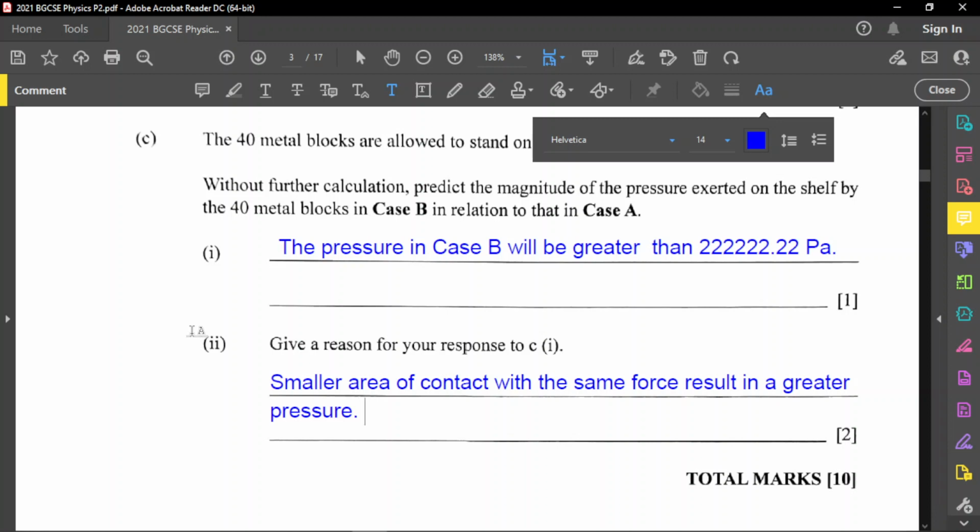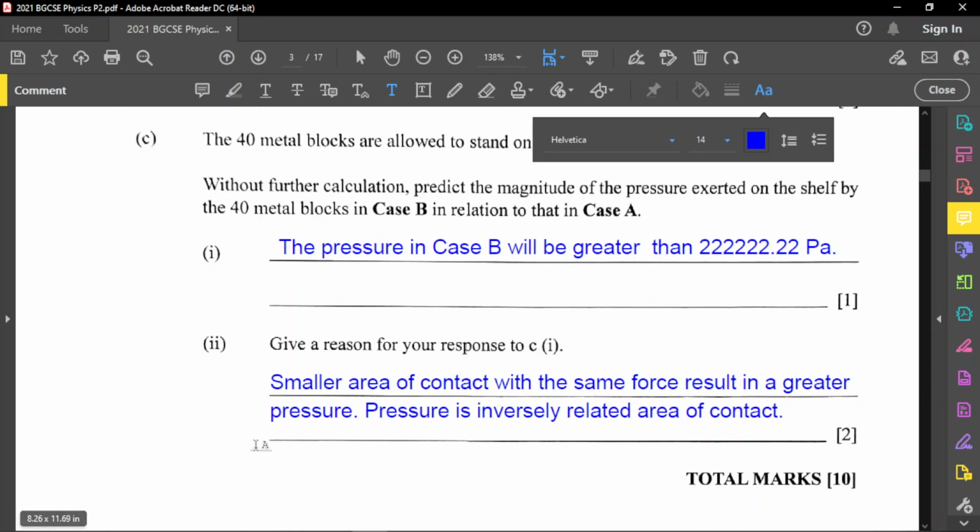Also, what you can also note is that pressure is inversely related to area or area of contact, right? All right, based on the formula, let me show you the formula.